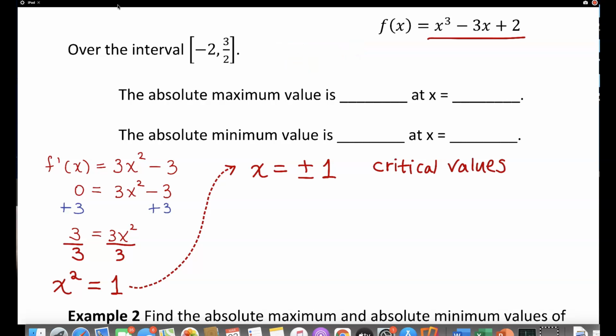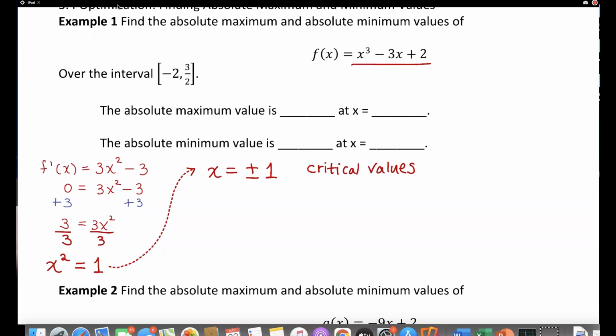At this point, you're going to really see who's the greatest and who's the smallest. So starting with your endpoints, plug in your left endpoint, -2, into f of x and see what that value is. So do -2 cubed minus 3 times -2 plus 2.